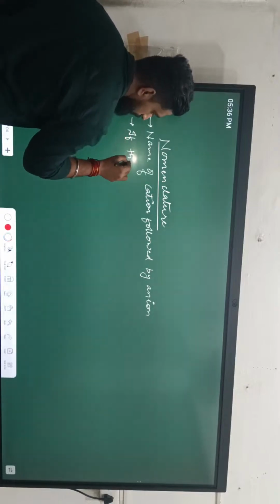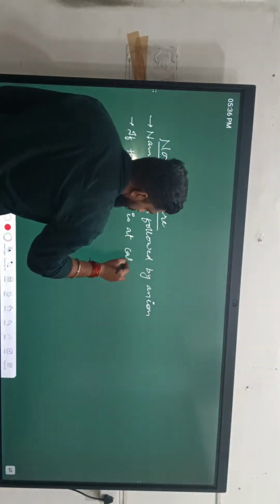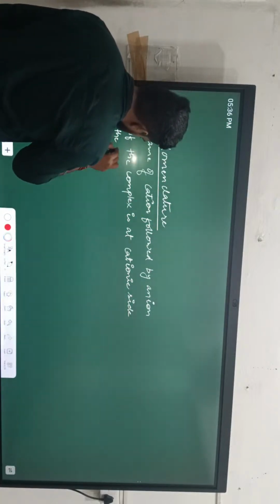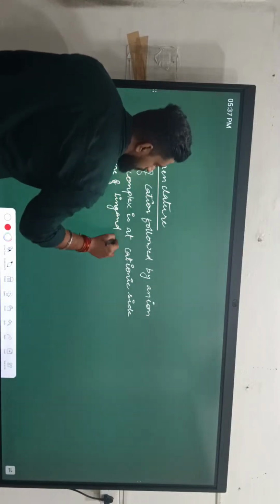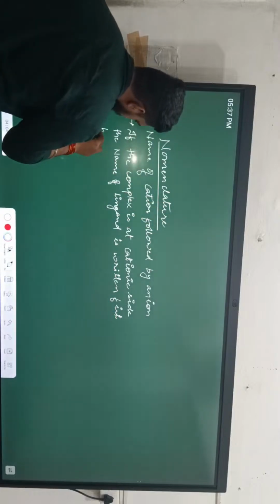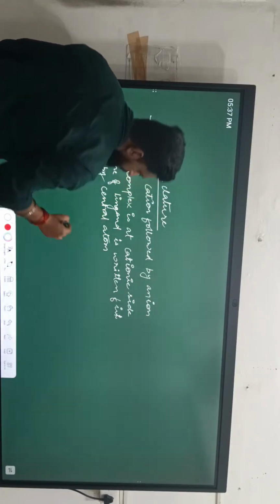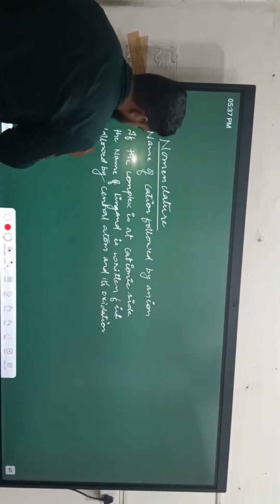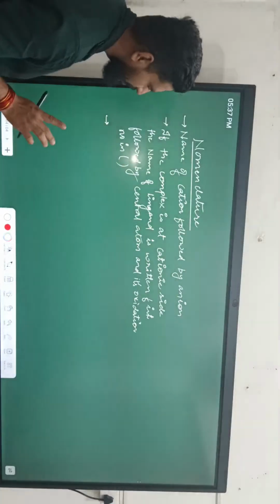If the complex is at cationic site, then name of ligand is written first, followed by central atom, and its oxidation number in simple bracket, I'm sorry.